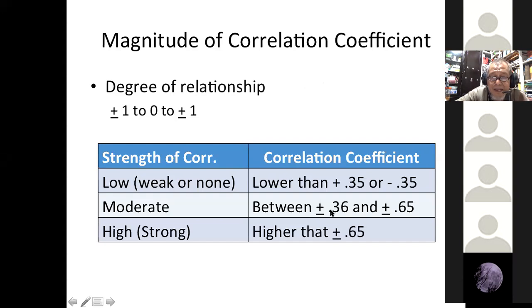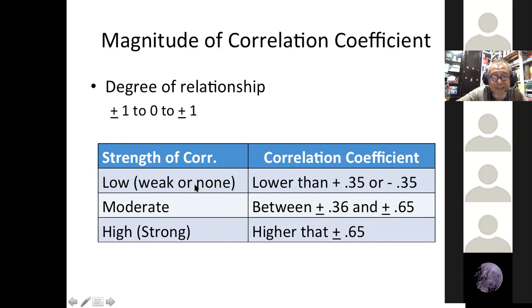When the result of your calculation, as we call it correlation coefficient, is between 0.36 to 0.65, either negative or positive, we call it moderately correlated, the medium strength of the correlation. When it is more than 0.65, that means that the correlation is strong.